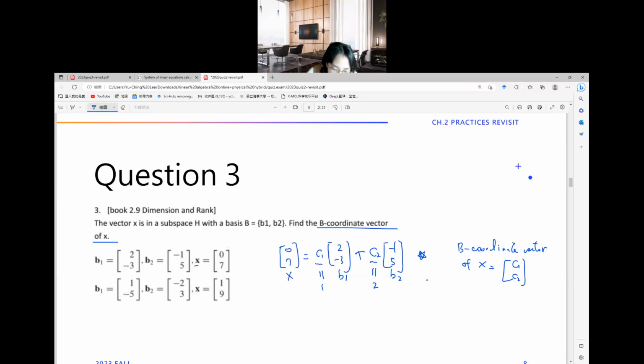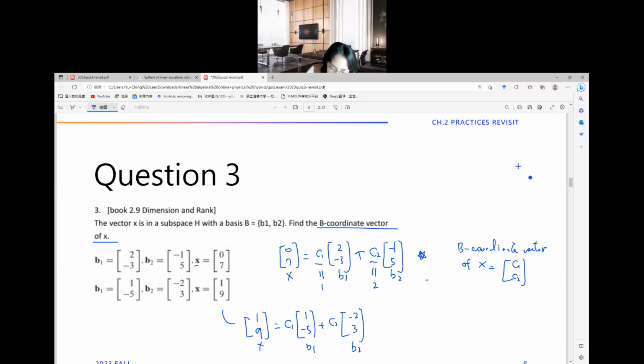And for the second part, x is (1, 9). This is x equals C1 times B1, where B1 is (1, -5), plus C2 times (-2, 3), which is B2.